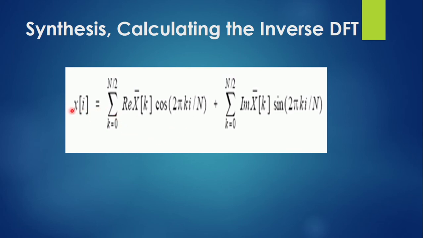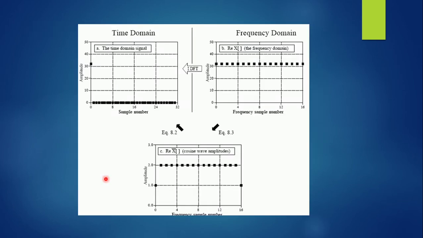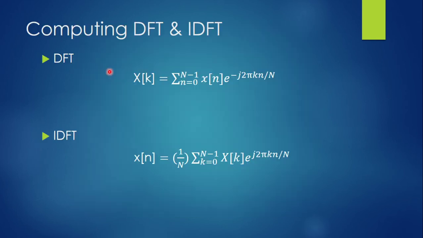Then you take the second point, you change i over here, again do the summation, find the second point, and so on. You have the real part, you have the imaginary part, you combine to get the time domain signal.